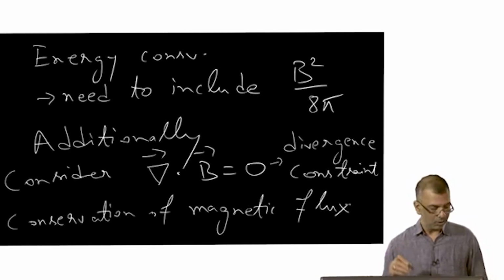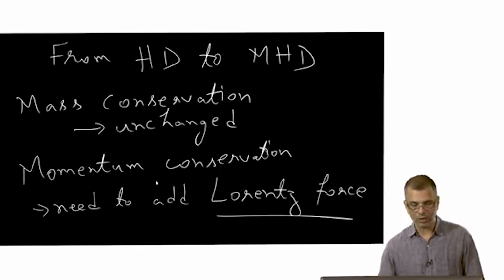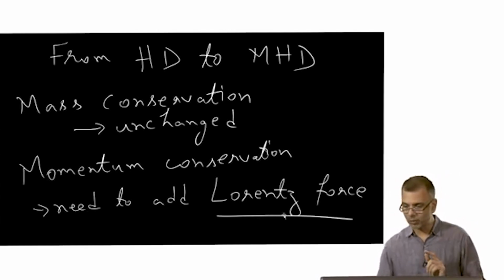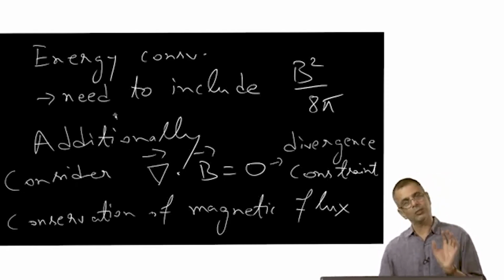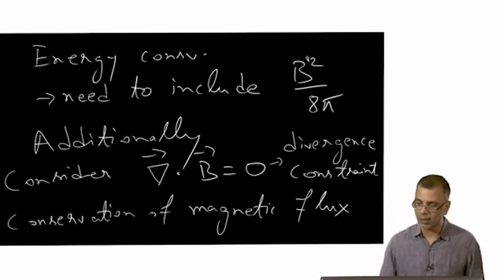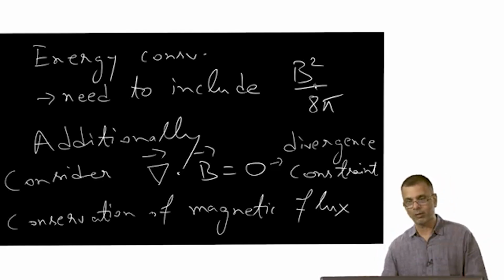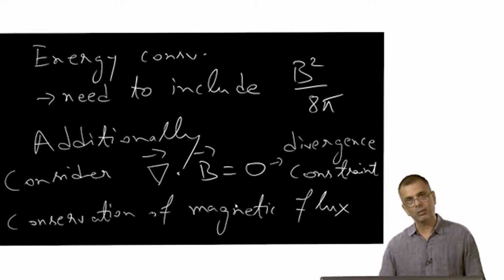So, in addition to mass conservation, which is unchanged, momentum conservation, which is technically the same equation, except we need to add Lorentz forces, and also the energy equation, which is pretty much the same, except we need to include magnetic energy density, we also have 2 new constraints when we are dealing with magnetohydrodynamics. One is the divergence constraint on B, and we also need to take into account conservation of magnetic flux.